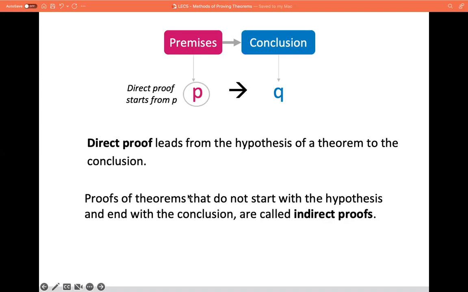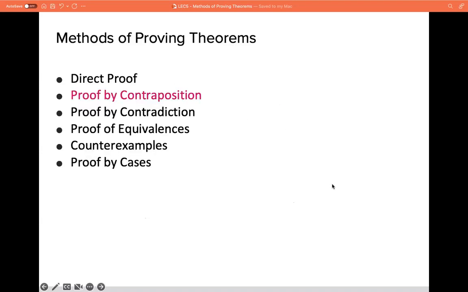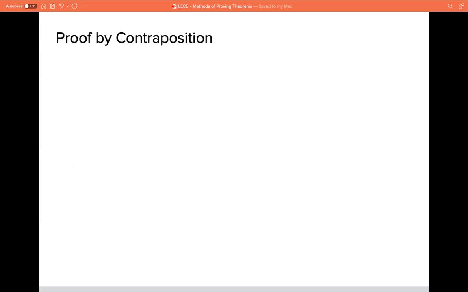There are some proofs of theorems that do not begin with the hypothesis or the premise and end with a conclusion. Those are called indirect proofs. Proof by contraposition, which comes from the word contrapositive, is an example of an indirect proof.